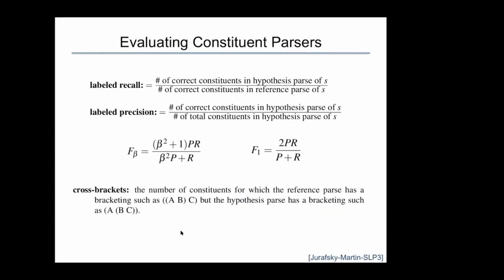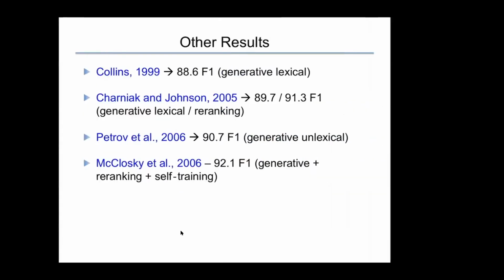You might be wondering how you can evaluate the constituent parser. The way most people do it is by computing recall and precision. Recall is the number of correct constituents in the hypothesis parse over the number in the reference parse. Precision has the same numerator, but you count how many are in the hypothesis parse. Then there's the typical way of computing F1 from recall and precision, which is 2PR over P plus R, and you usually report F1.